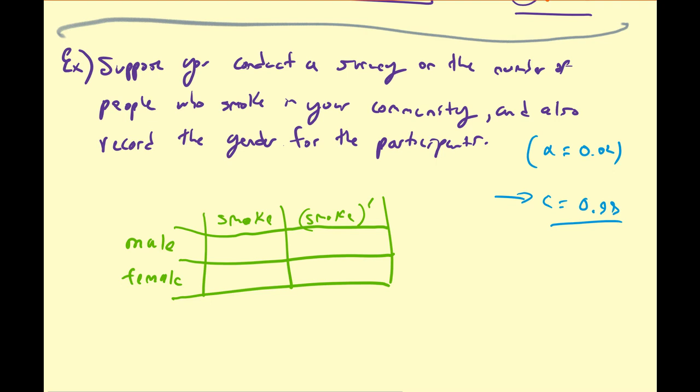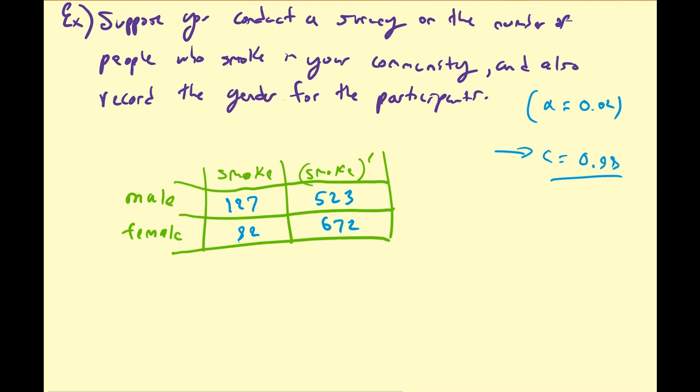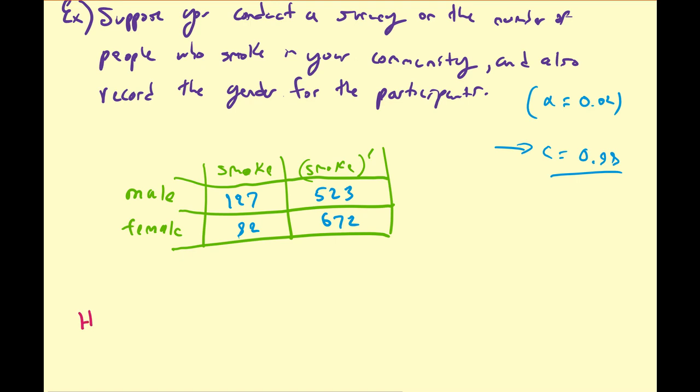All right, let's assume that we get these following counts. So 127, 82 in some community, 523, and 672. All right, so let's assume that we want to test the null hypothesis that the population proportion for our community of people that are male and do not smoke is equal to 40%.